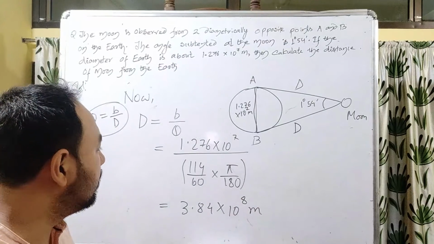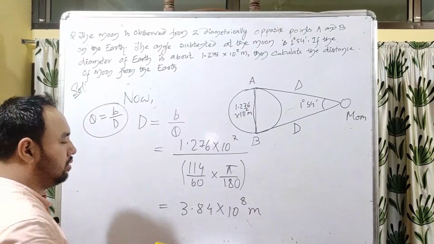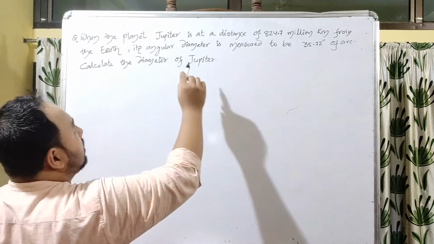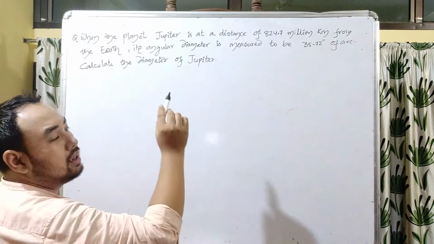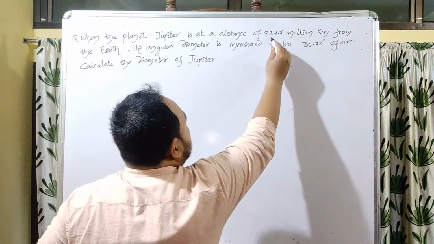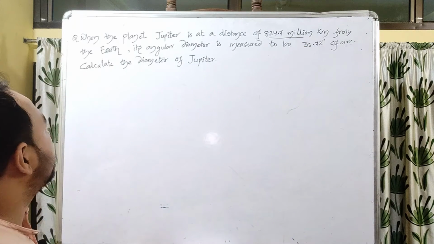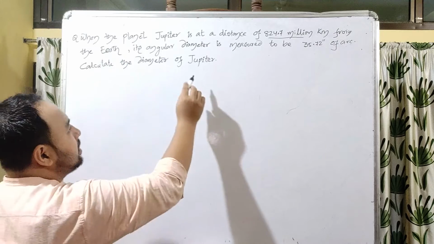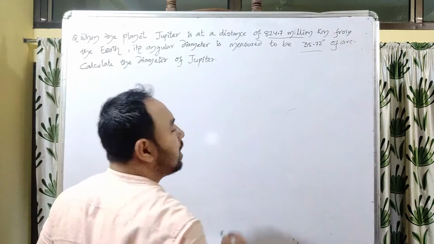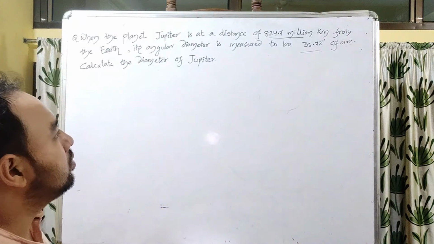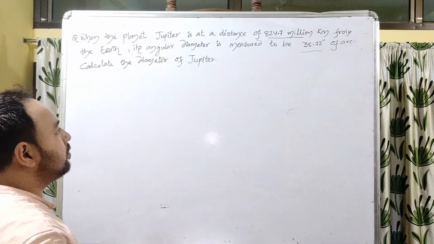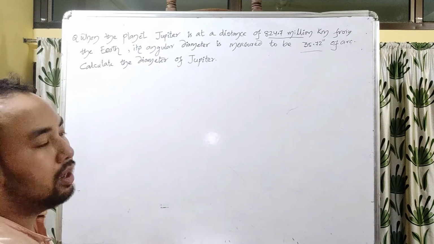Okay, so now we will move on to the next question. Here it is given that the planet Jupiter is at a distance of 824.7 million kilometers away from us, and the angular diameter is measured to be 35.72 arc second, and we have to calculate the diameter of the Jupiter.